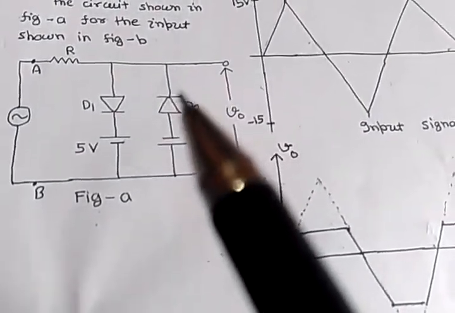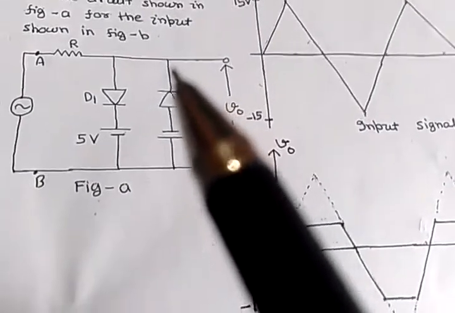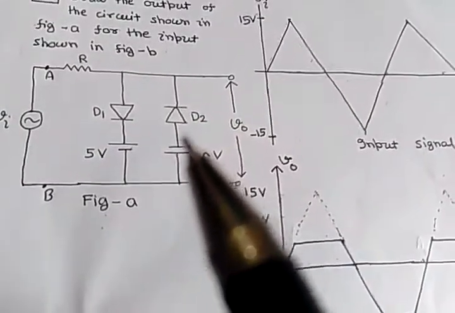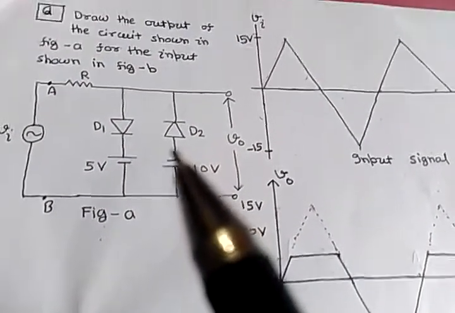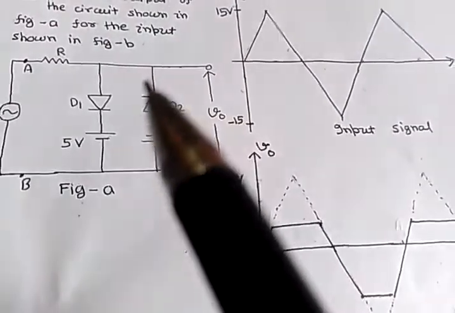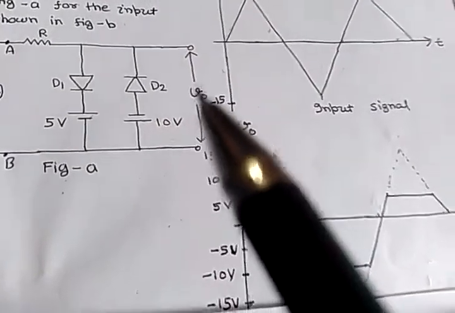Suppose minus 11 volt, minus 12 volt. In this case, the N region will be at lower voltage than the P region. Diode will be in forward biased condition, and when the diode is forward biased, then this voltage source will appear at the output in parallel.